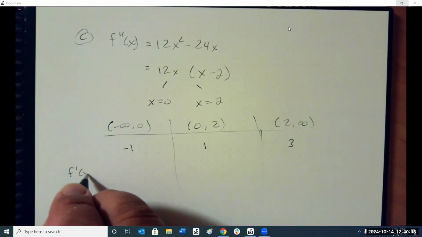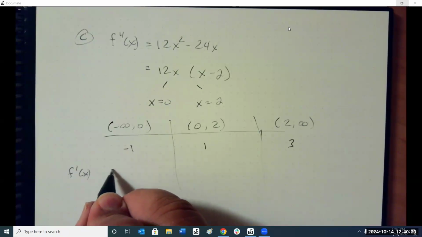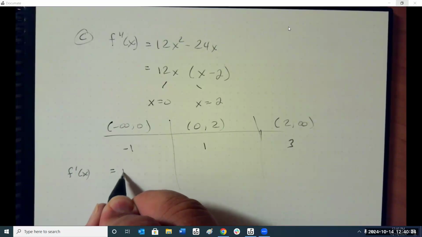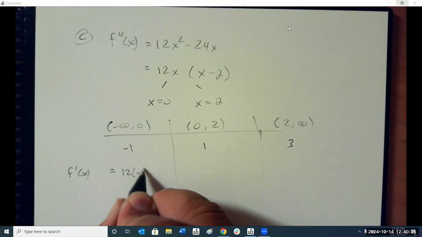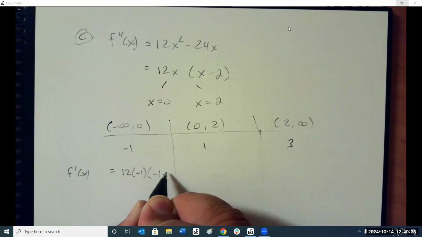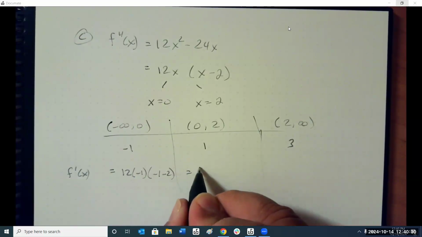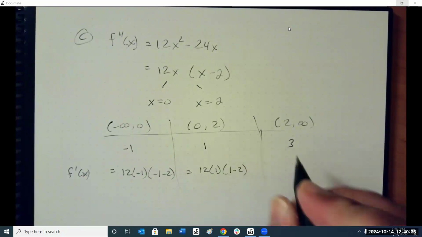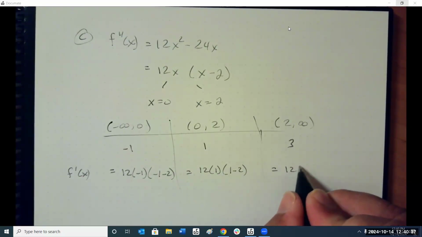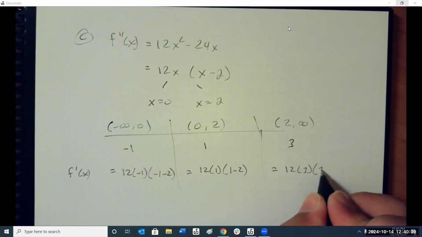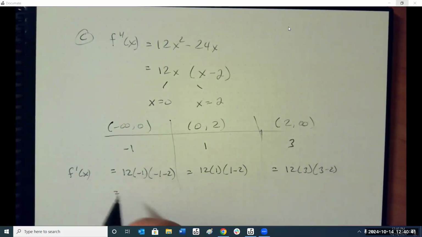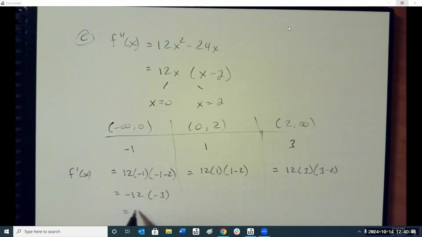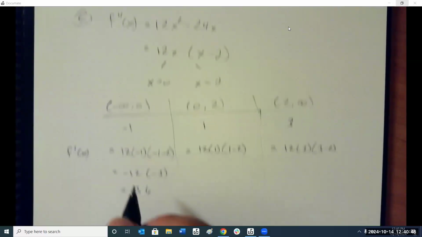Plug those into the second derivative: 12 times negative 1 times negative 1 minus 2, 12 times 1 times 1 minus 2, and 12 times 3 times 3 minus 2. Negative 12 times negative 3 is positive 36.